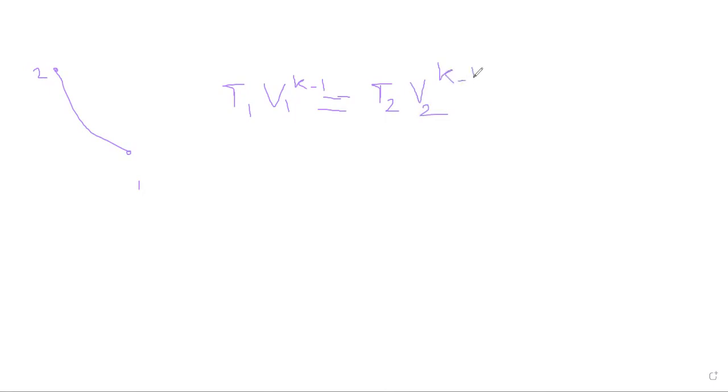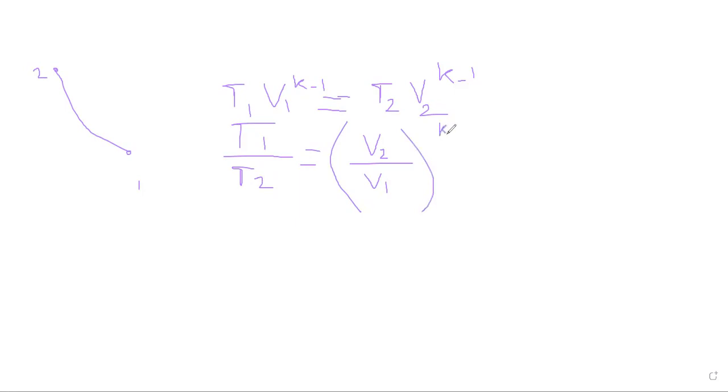And now I want the ratio T1 over T2. So this is what I want: T1 over T2 is equal to V2 over V1 to the power k minus 1.